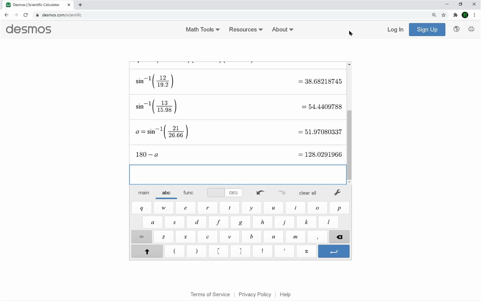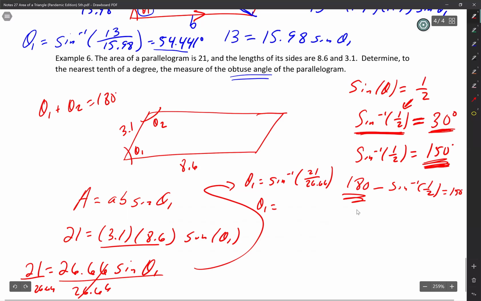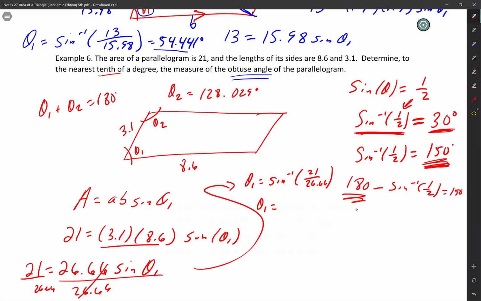So I'm going to come back and write theta 2 equals 128.029. And it wants it to the nearest tenth. So 128.0. And it still works.